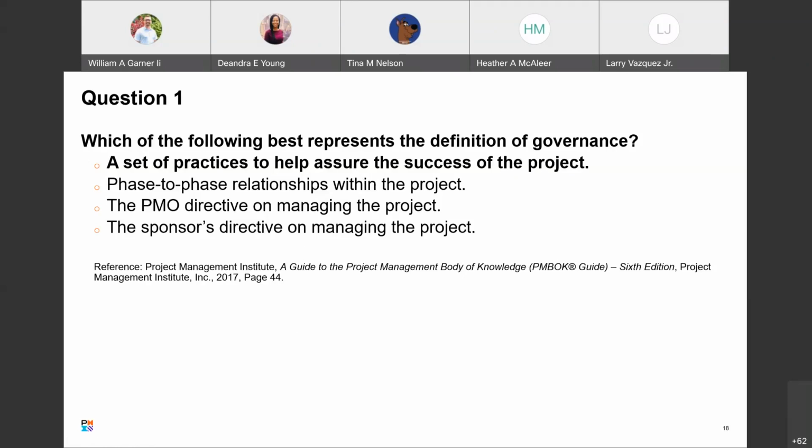They'll be very specific in choosing multiples. Pay attention to the question, but this would be an example where they're asking, what is the best one? Which of the following? So it is a set of practices to help assure the success of the project, and it is on page 44 in your PMBOK guide.